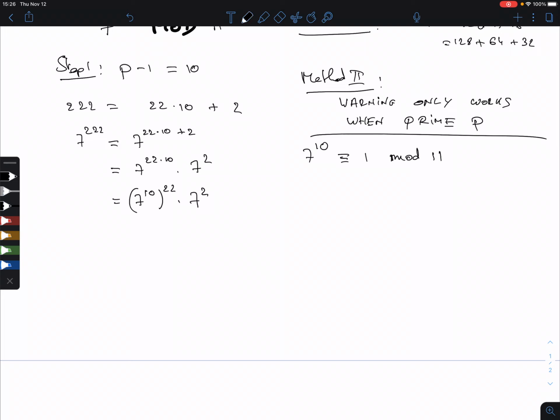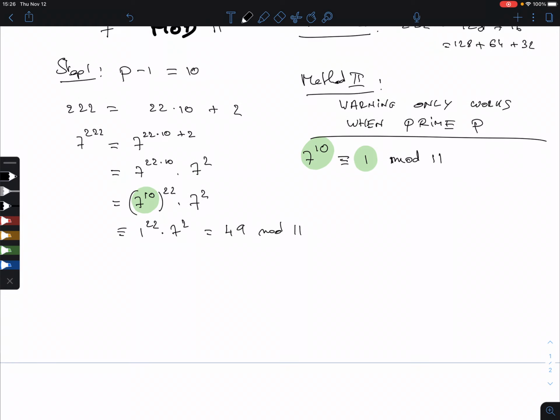So, using that 7 to the 10 is the same as 1, I can replace this by 1 to the power 22 times 7 squared. Now this, of course, is modulo 11, so it's no longer really equal. This is therefore 49 mod 11. 7 squared is 49, and the rest is 1. 49 is 4 times 11 plus 5, and therefore this is equivalent to 5 mod 11.